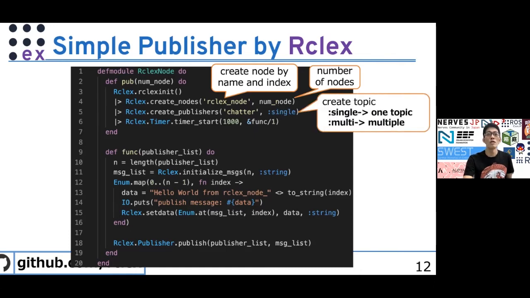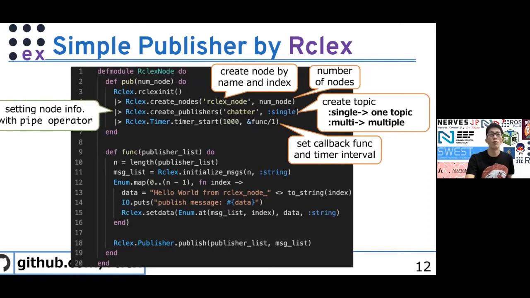You can select the number of topics by the option of create publishers. When you select the single option, massive ROS nodes will publish their messages to a single topic. Also, selecting the multi option will create a corresponding number of topics according to the value of num_nodes.